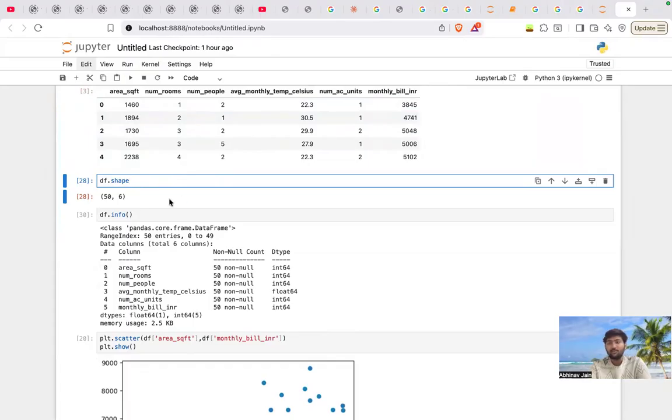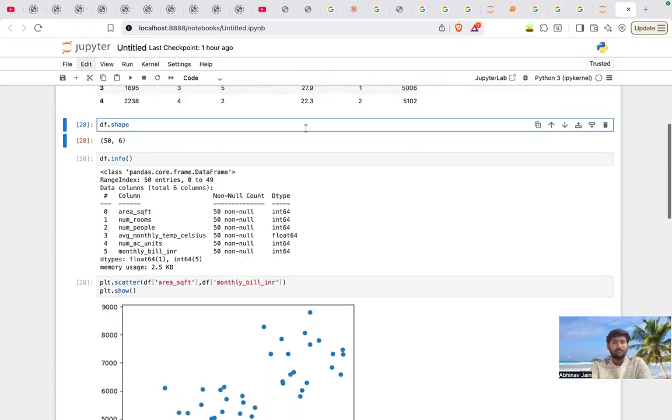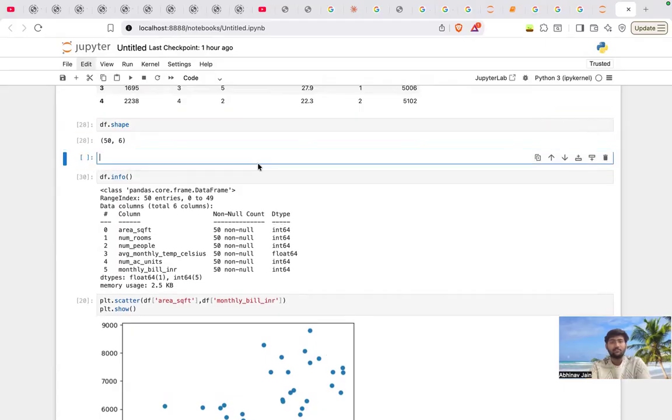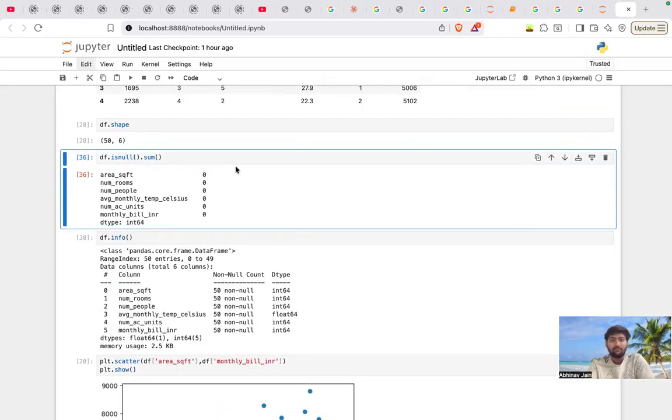Since we have to train the model, we have to split the features and targets. You could also check for nulls, which we will learn later also. So df.isnull().sum(). We have zero null values.